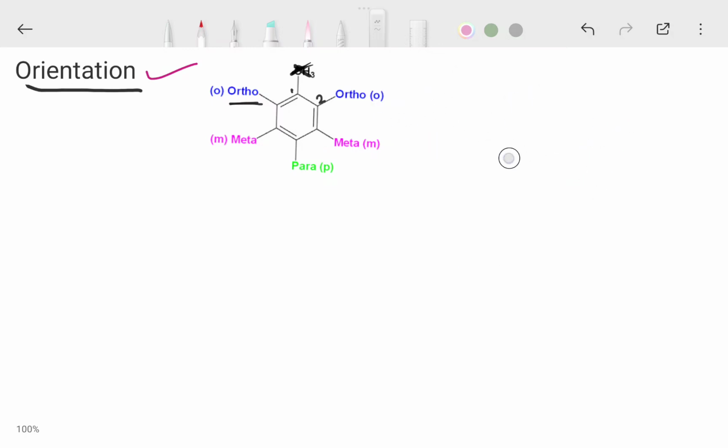Orientation means the substituent already present on the benzene ring will direct the entering electrophile to occupy a particular position, for example ortho, para or meta, and it also affects the rate of reaction.